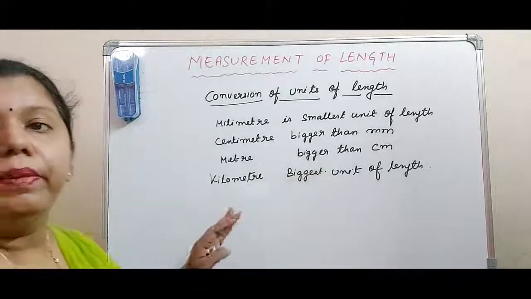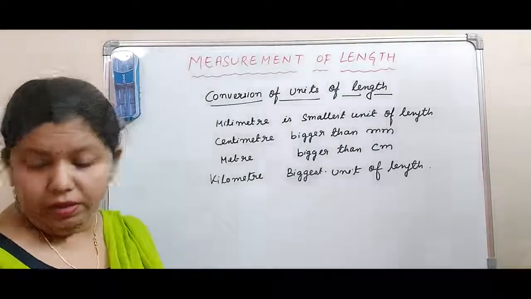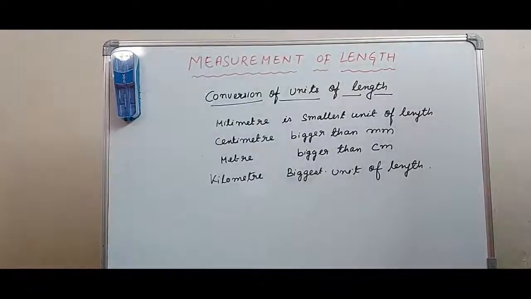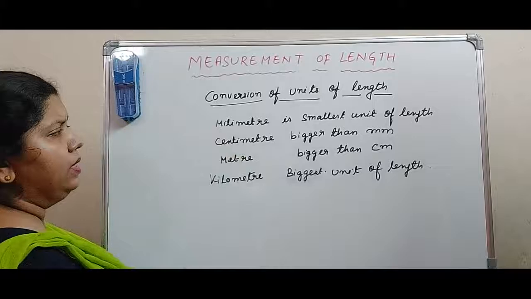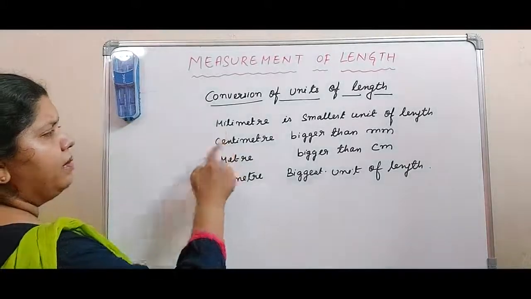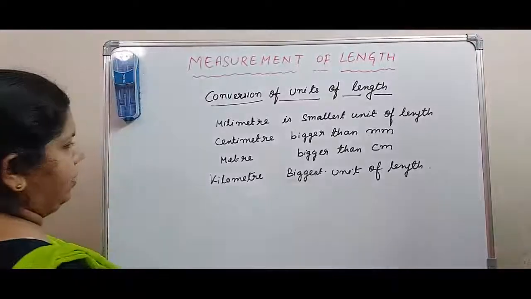Now you have to remember one important thing. Whenever we convert from small to big, what do we do? Suppose I want to convert some millimeters to centimeter. Millimeter is a small unit and centimeter is a bigger unit. In that case, we are doing division.